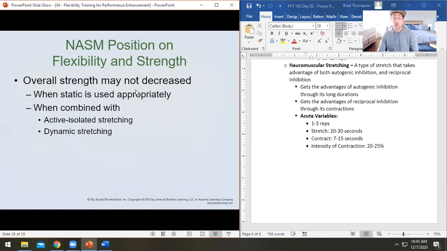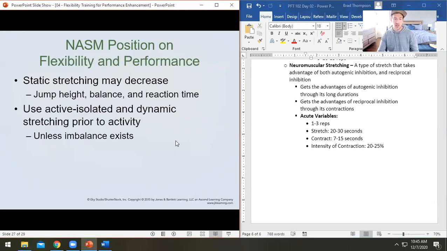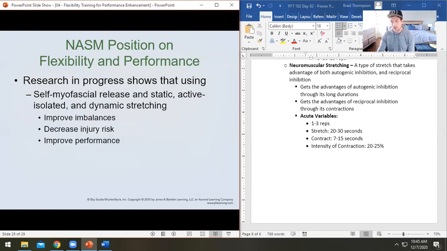So your overall strength may not be decreased if you combine those stretches with active or dynamic stretches. But static stretching also may decrease your power, which, obviously, strength and power are brother and sister. So instead, again, use your active isolated stretches or use your dynamic stretches.